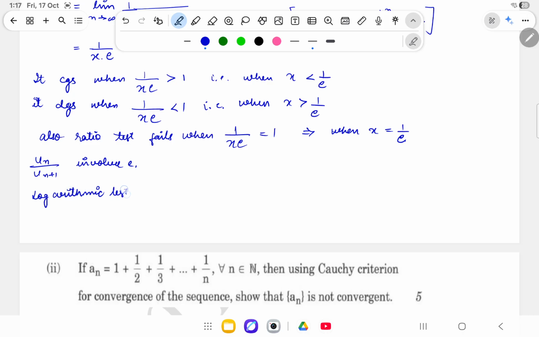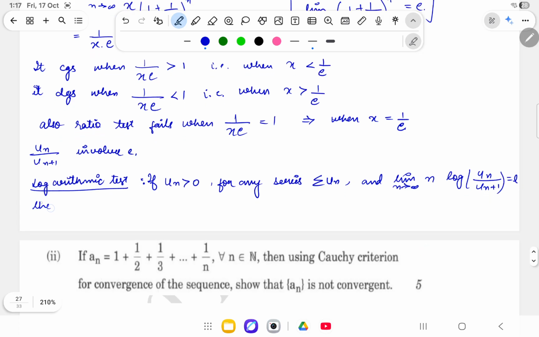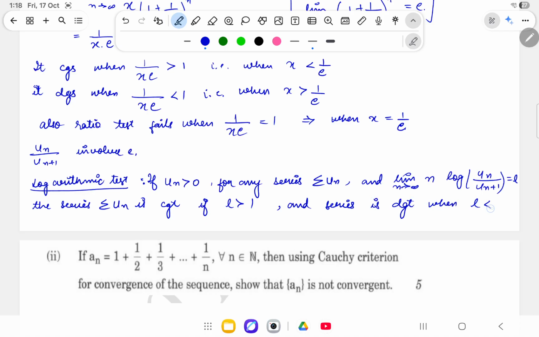The logarithmic test says that if un is greater than 0 for any series summation un, and limit n approaches infinity n times log of un by un plus 1 is equal to, let's say, L, then the series summation un is convergent if L is greater than 1 and the series is divergent when L turns out to be less than 1.